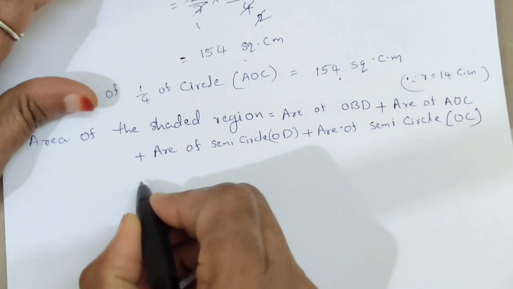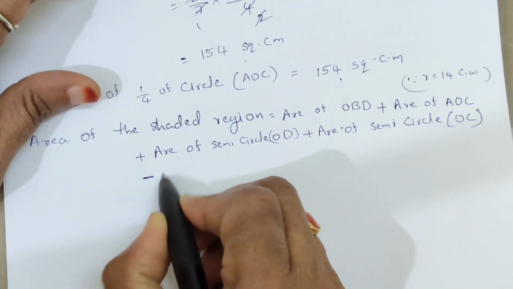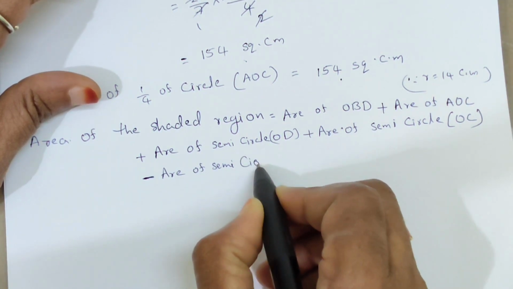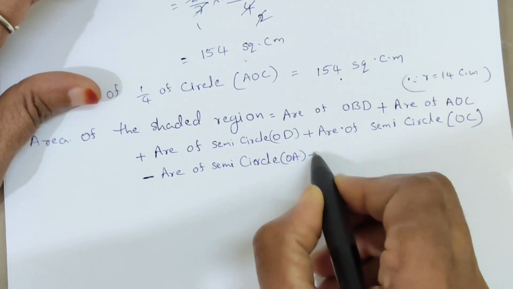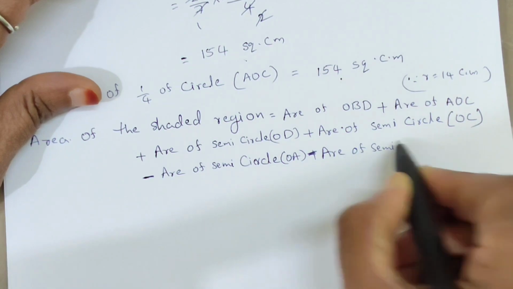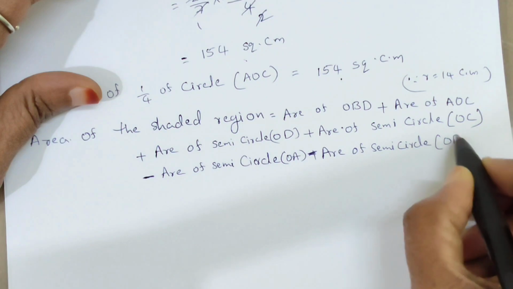So now we subtract the area of semicircle with diameter OA, minus the area of semicircle with diameter OB.